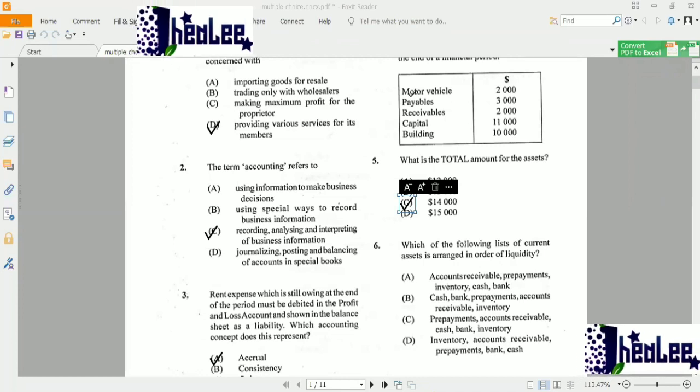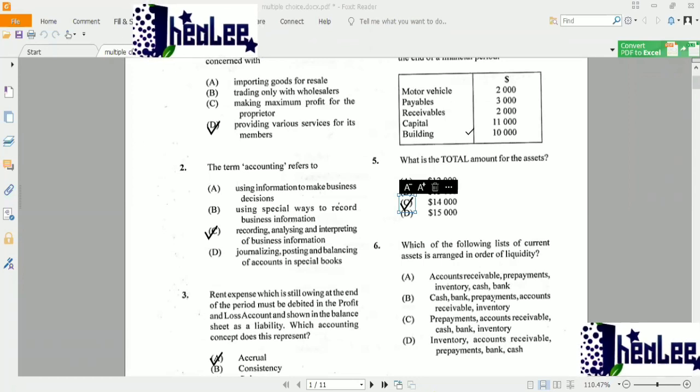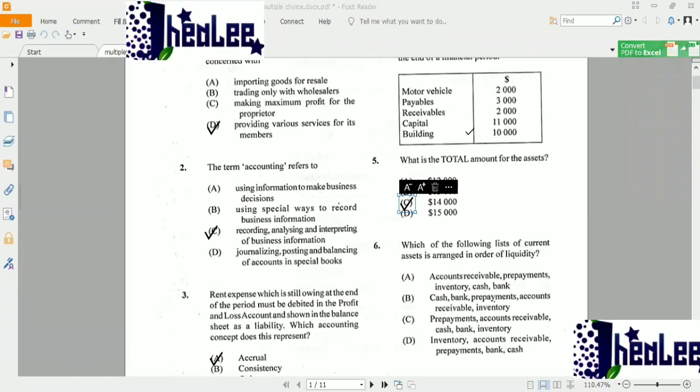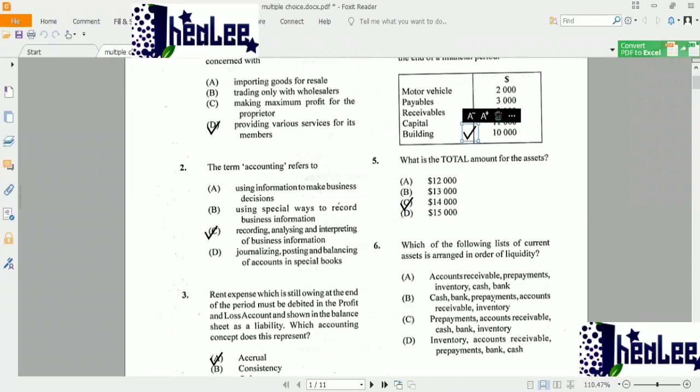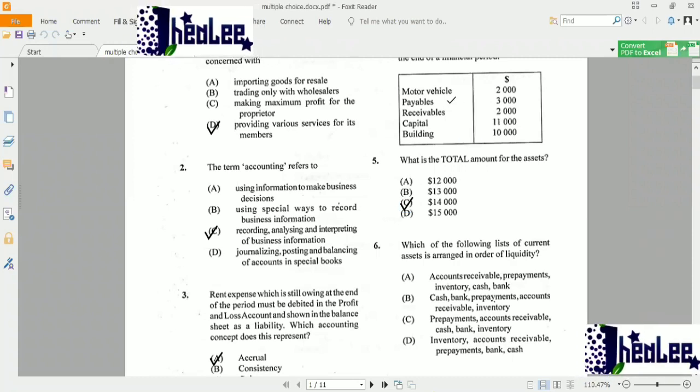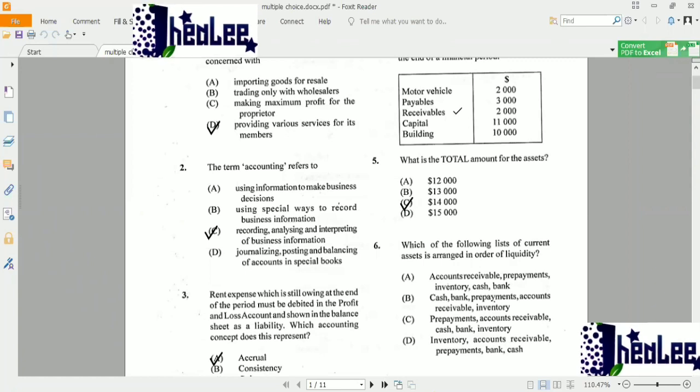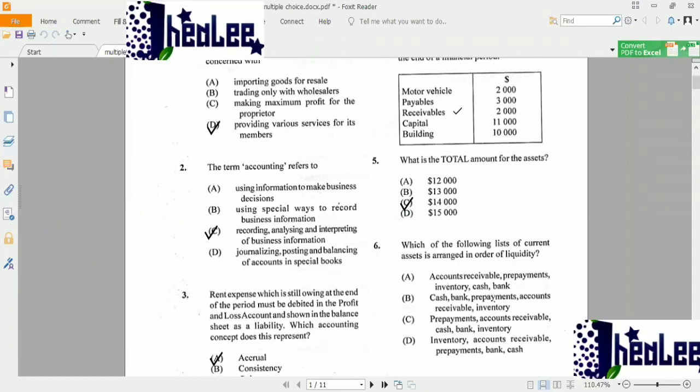Current liability. Yes, payables is a liability. What's the other term for the payables though? Creditors. I see someone put it in the chat there. Payables represent creditors. That's the alternative term for creditors, and receivables, debtors. Lovely.